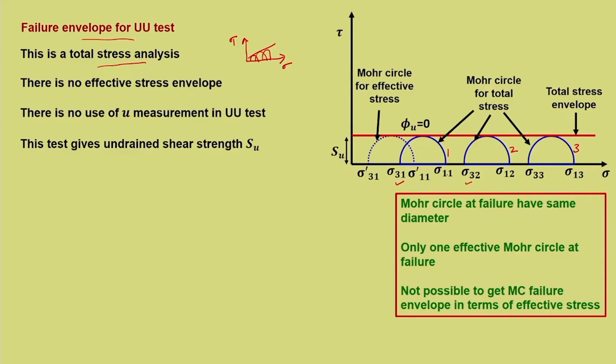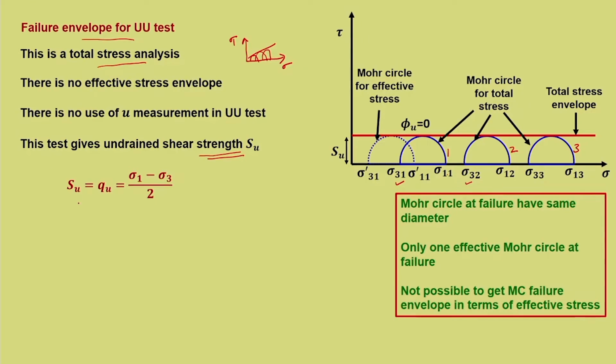This test gives undrained shear strength, exclusively the value of Su. Now, there are several textbooks in which you will find it is denoted as undrained cohesion. In fact, if you understand this aspect, that from UU test what you get is undrained shear strength, there is no harm even if you use the term undrained cohesion, because it is very difficult to comment on the kind of cohesion that exists.